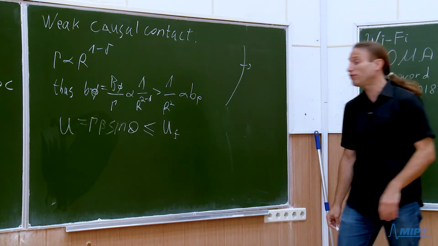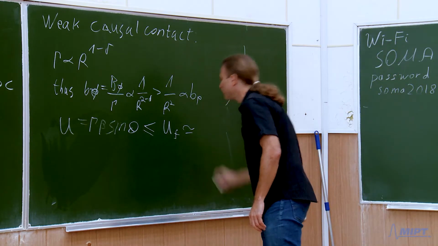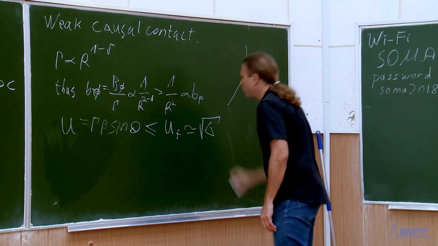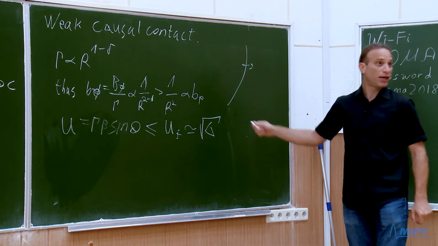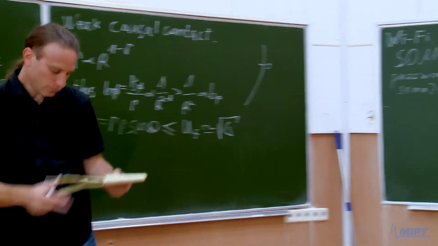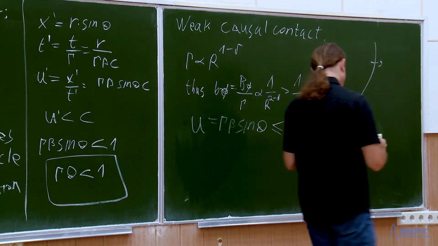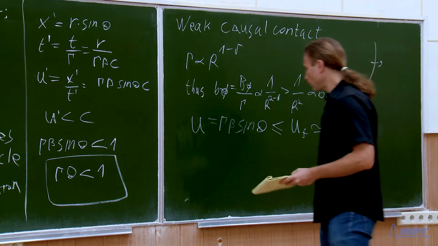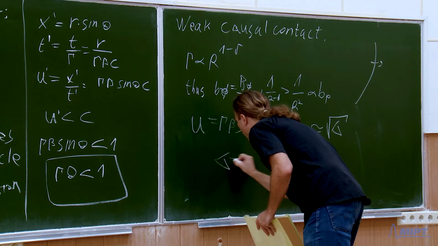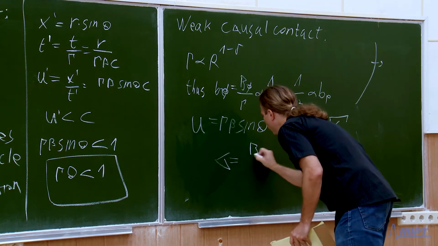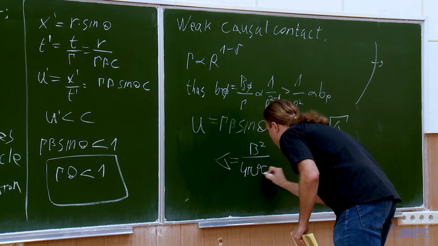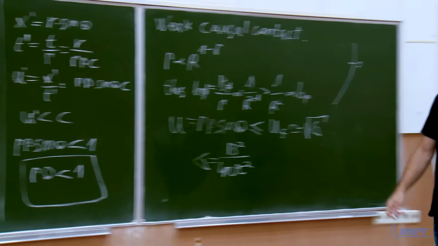So the fast magnetosonic velocity is roughly equal at high sigma values to the square root of a parameter which is known as sigma. Let me define for you what sigma means. Okay? Sigma is just the ratio of b squared divided by 4 pi rho c squared. Okay?